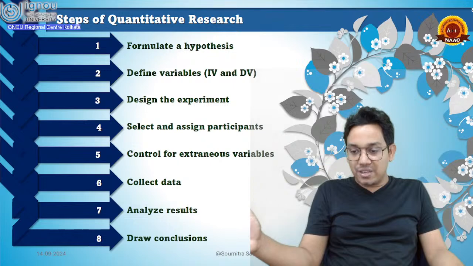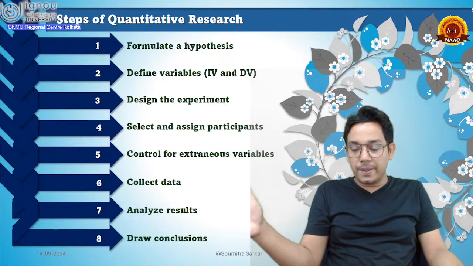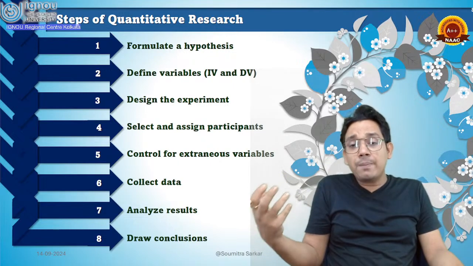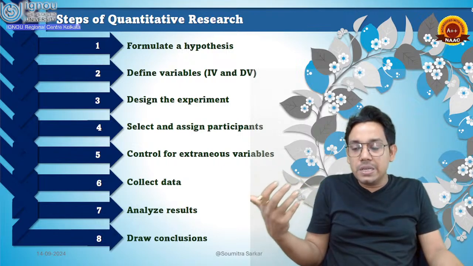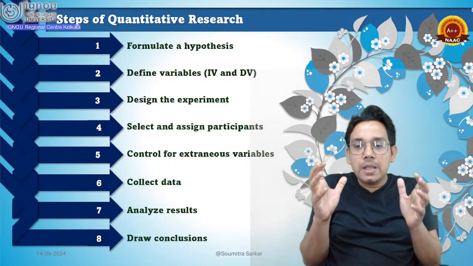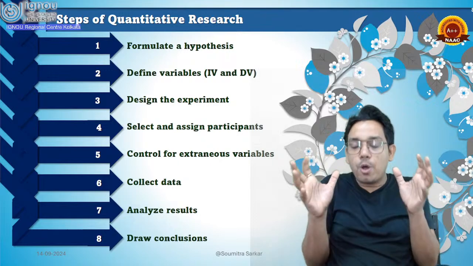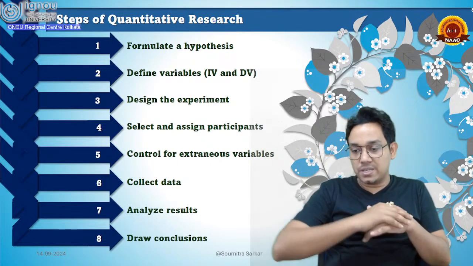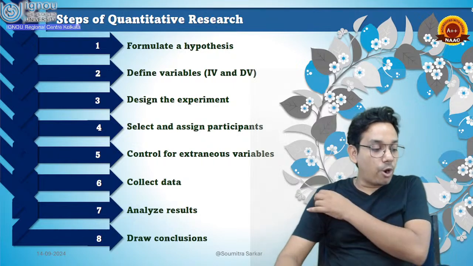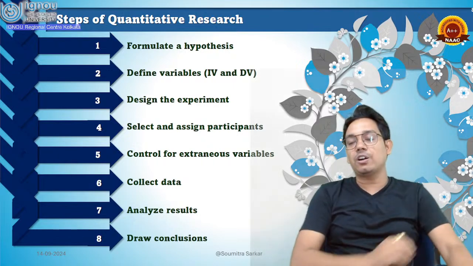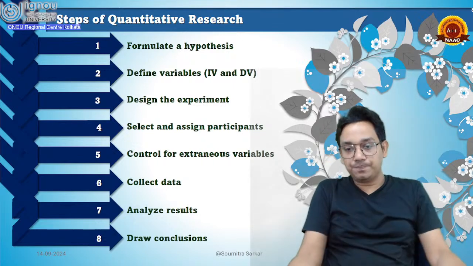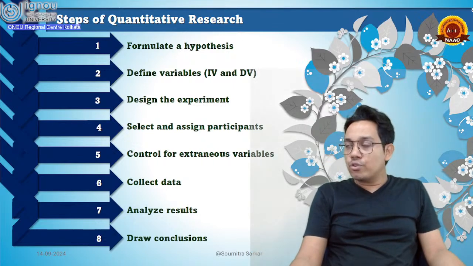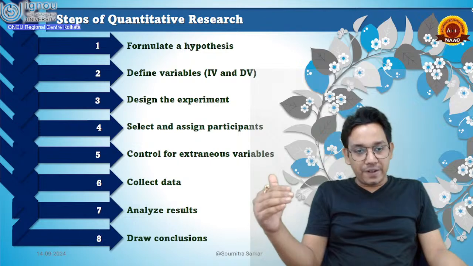We need to figure out which is the method, which is the research topic, which are the proper research questions. When formulating the hypothesis, it focuses on tentative data and a review of literature.